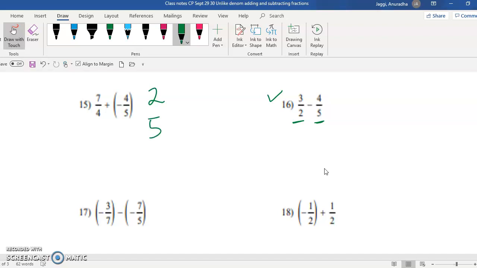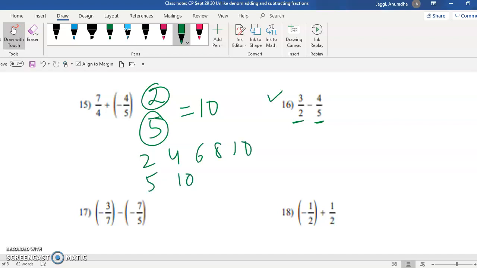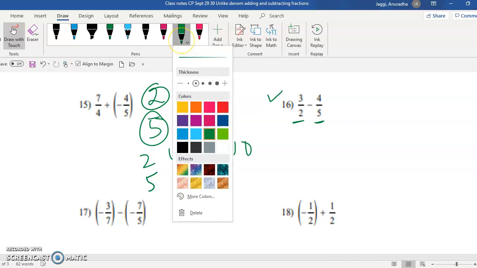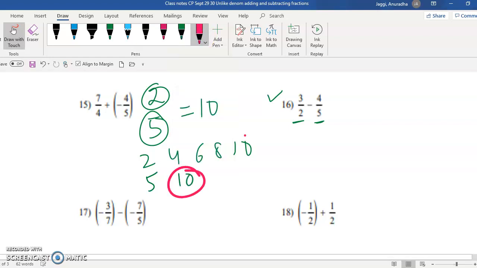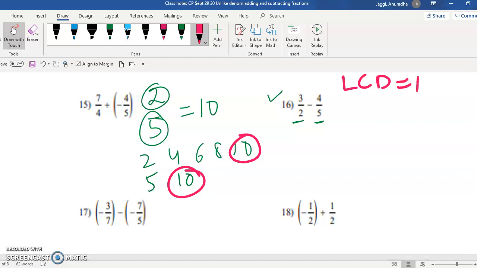Both of them are prime numbers, so you don't have to do any factor tree. 2 times 5 is equal to 10. If you write the multiples, 2, 4, 6, 8, 10, and 5, 10, you already have a common multiple, which is 10. So first step, LCD equals 10.